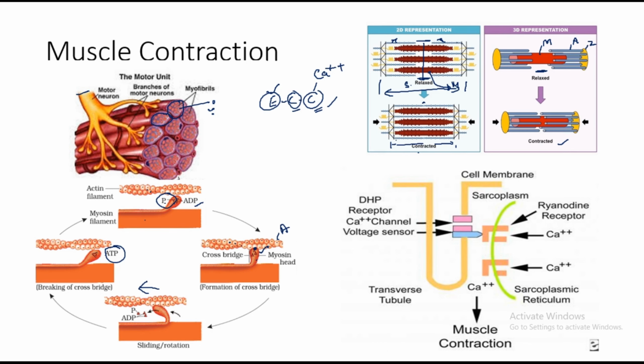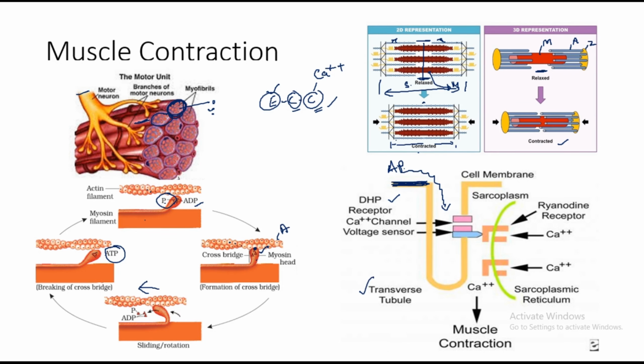What is the role of calcium ion here? Once the action potential comes and hits the muscle fiber plasma membrane, it passes through the action potentials or excitability, and it activates the dihydropyridine receptor, which activates the calcium release into the sarcoplasmic tubule system.